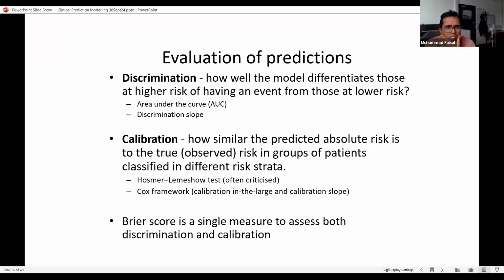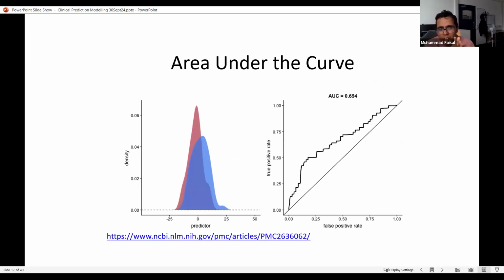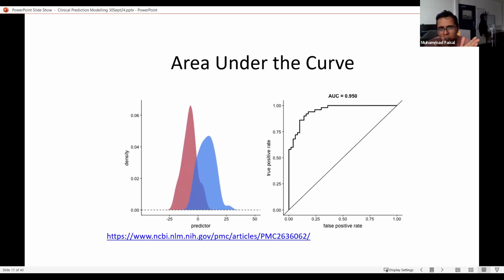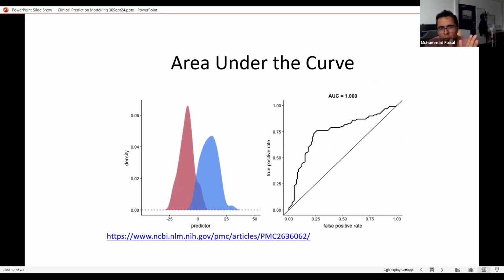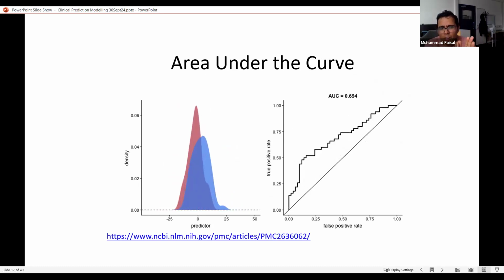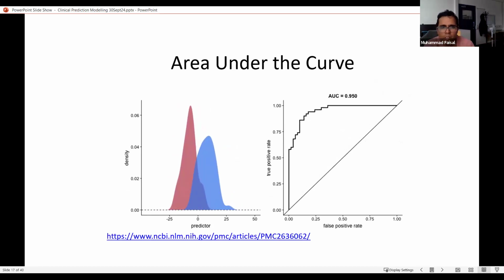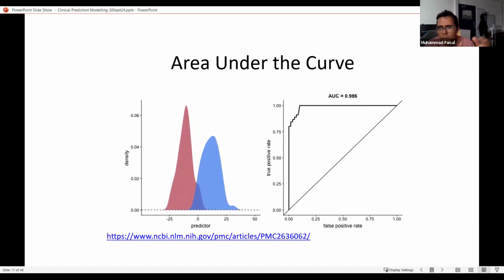We evaluate these models based on some main pillars, like discrimination and calibration. What I mean by discrimination is how well your model can actually discriminate. You can see there are two distributions, one blue and one red. Say blue is without outcome and the red is with outcome.